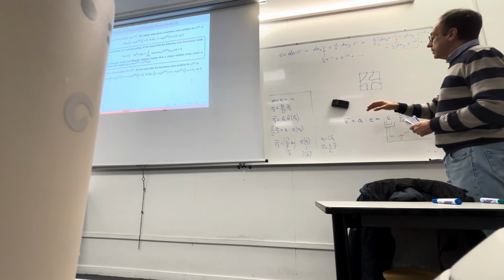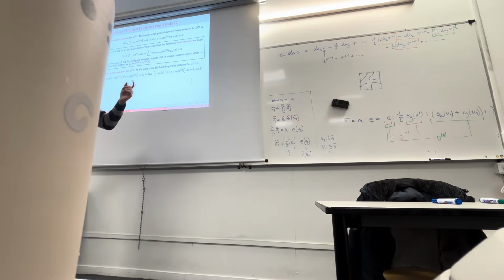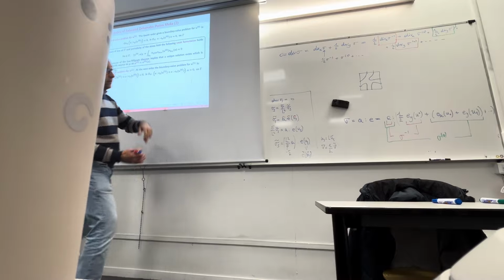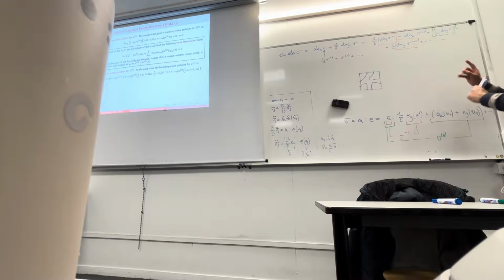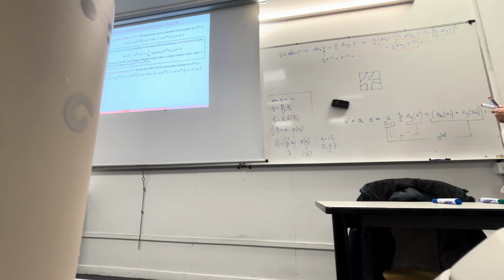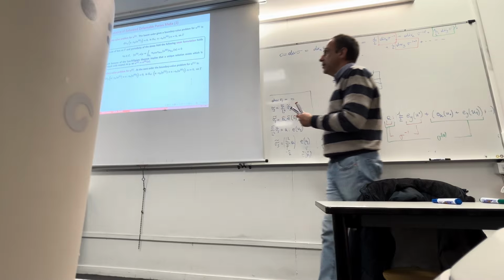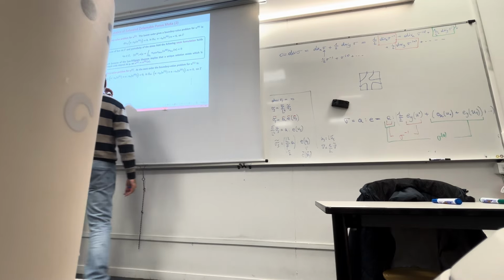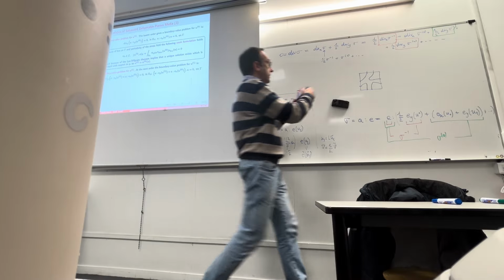So the formulation of the problem now is the following. You have sigma naught. You have sigma minus 1, which was this A of gradient of EY.